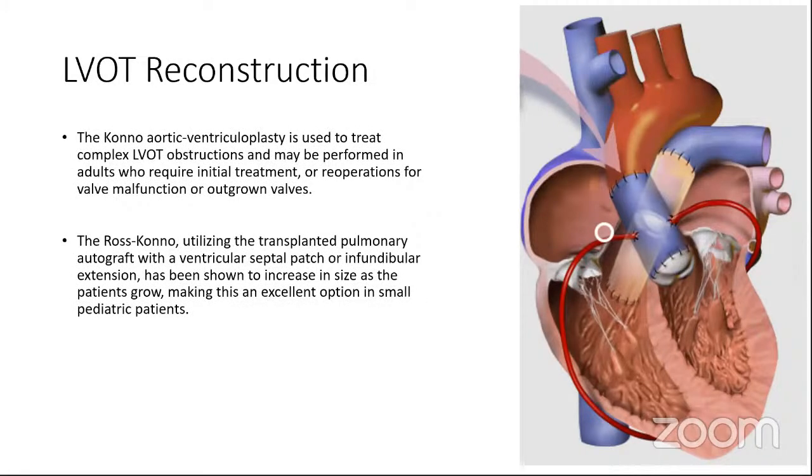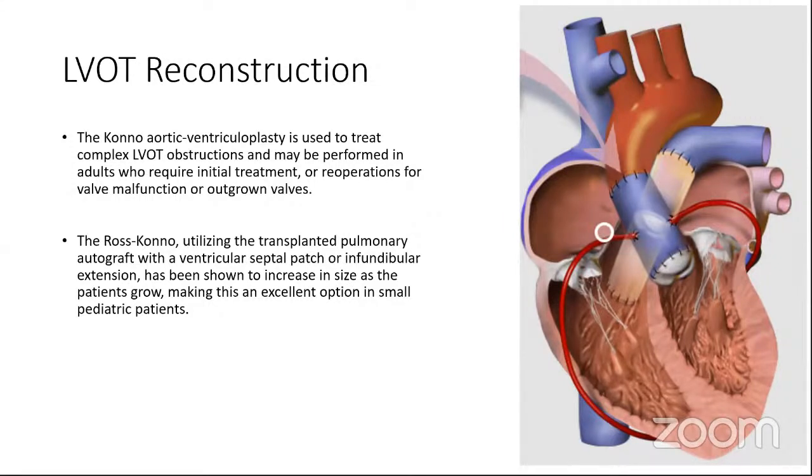The Konno-aortic ventriculoplasty, which is aortic annulus enlargement by incising the aorta and extending the incision to the right ventricular interventricular septum, is used to treat complex LVOT obstructions and may be performed in adults who require initial treatments or reoperations for valve malfunction or outgrown valves.